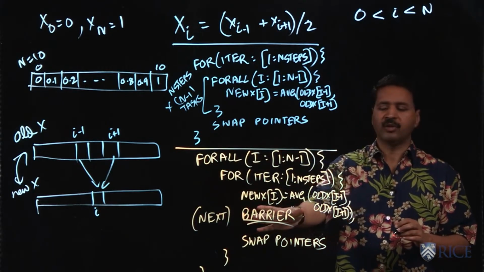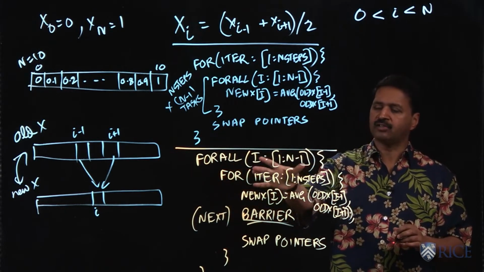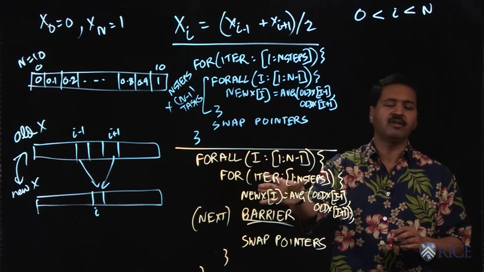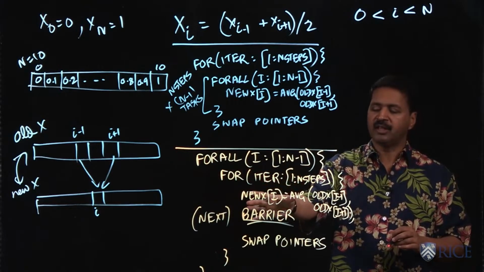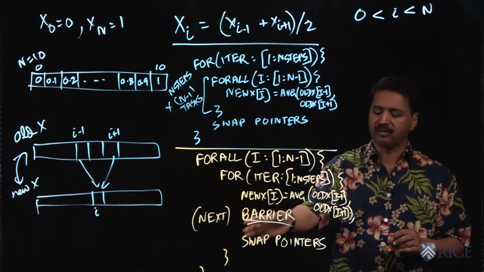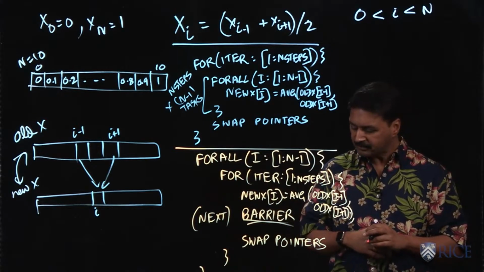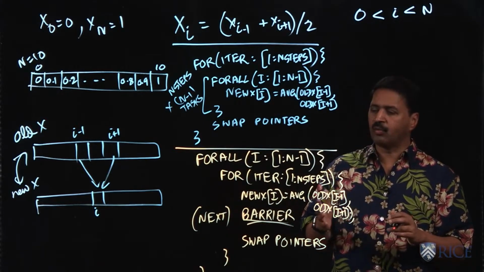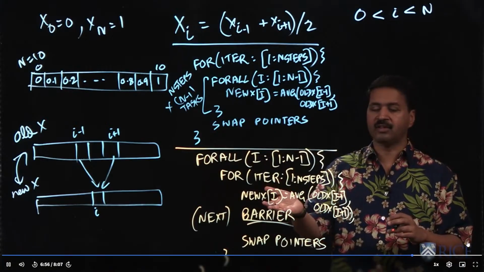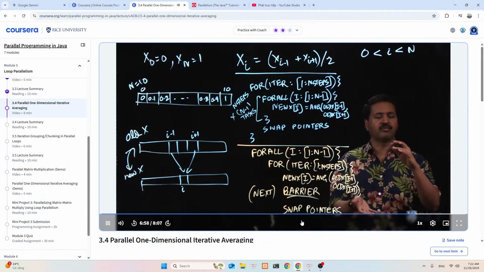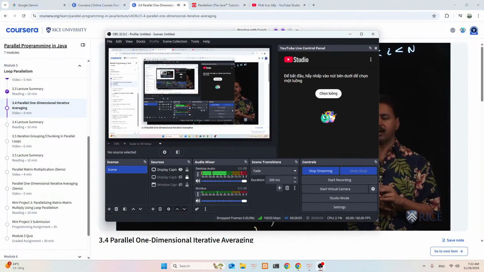And with this, we ensure that all the i's which are running in parallel for a given time step complete their updates, wait on the barrier, swap pointers, and then go to the next round of updates. So what we've seen is that barriers can be used not just to separate two phases like we saw earlier with hello and goodbye.